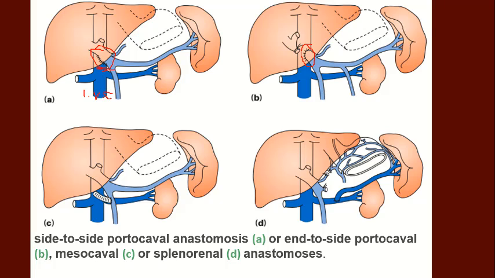All the portal flow is directed through the shunt. This gives excellent control of bleeding and ascites, which is achieved in more than 90% of cases. But the encephalopathy rate is about 40 to 50% of cases, and progressive liver failure is possible.